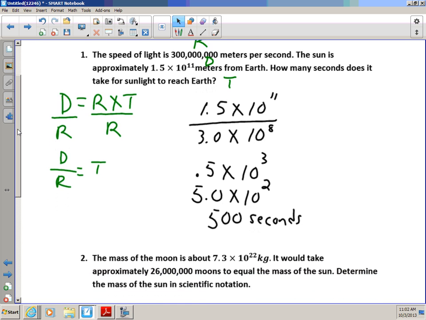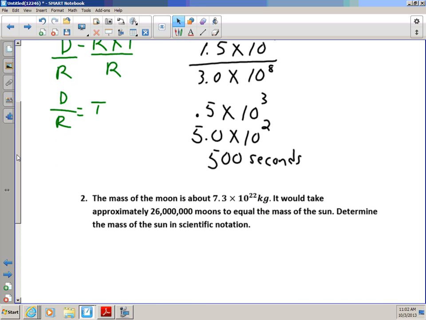If we look at the final problem, the mass of the moon is 7.3 times 10 to the 22nd. There are approximately 26 million moons equal to the mass of the sun. What's the mass of the sun? Well, 1 moon is this. There's 26 million of them to equal the mass of the sun.